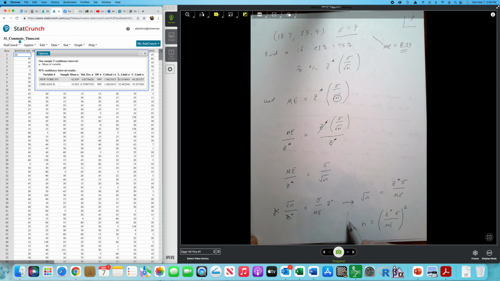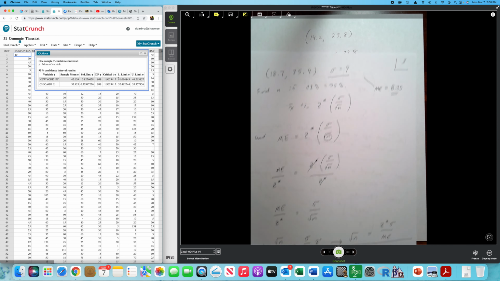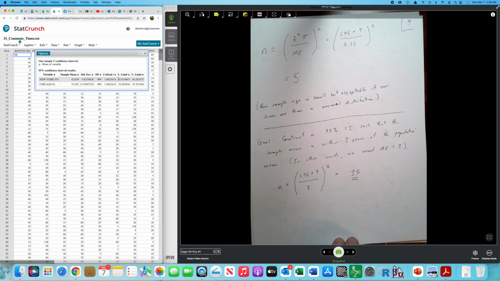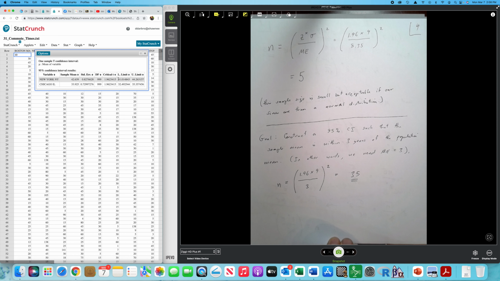So right here is what you need to be able to calculate the sample size for a confidence interval where the population standard deviation is given. Now, let's see how it plays out. For our problem, we have a z critical of 1.96.